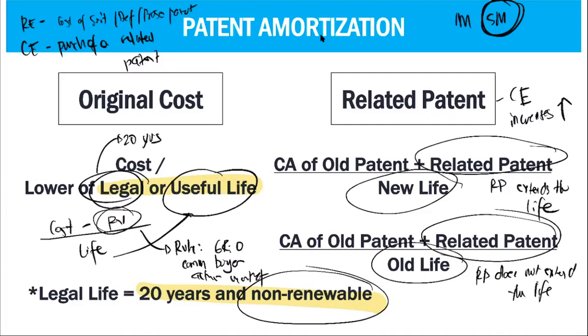Okay? So you use the new life only if the related patent purchase extends the life, and you use the old life if the related patent does not extend the life. Okay? So we already discussed the necessary rules on your patent.